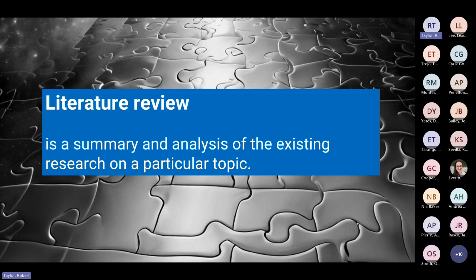Now let's look at some secondary literature. Secondary literature can come in the form of books, general books. It can come in the form of subject-specific dictionaries, and manuals and guides, and also literature reviews.